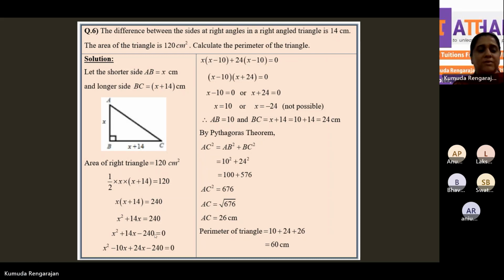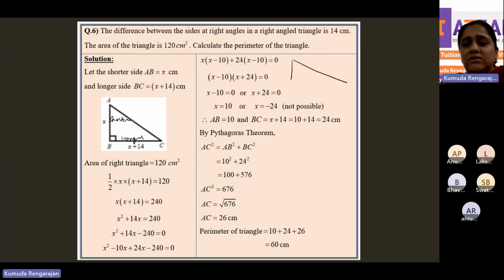Okay, so in this method you can see I've taken AB as a shorter side and BC as a longer side. They're not equal, I'm just marking it. You can take anything depending on your figure. If you draw the figure like this, then AB is shorter, BC is longer.